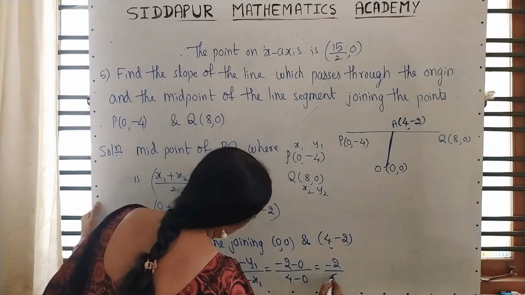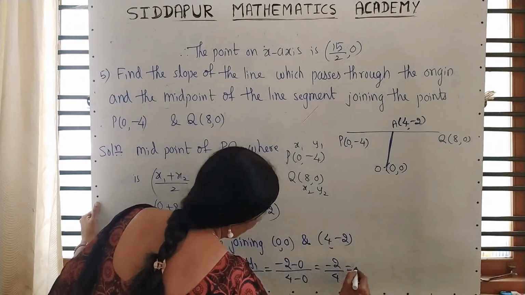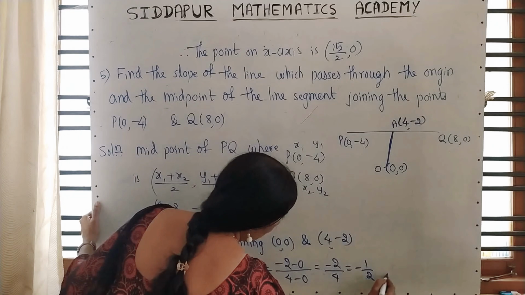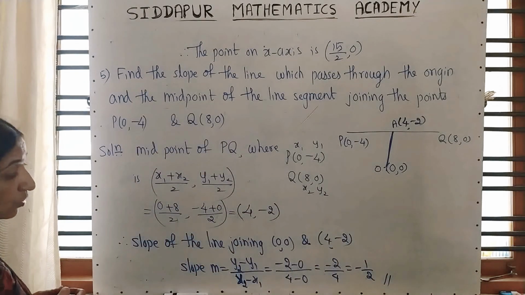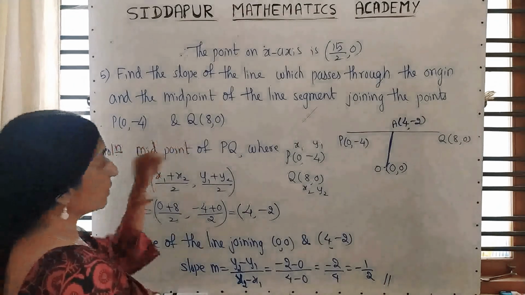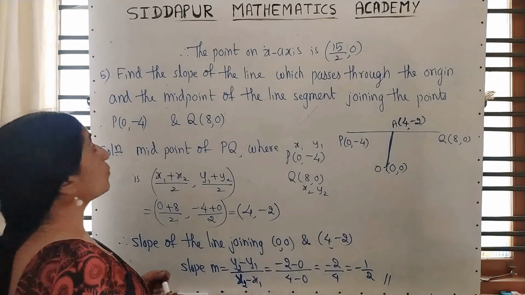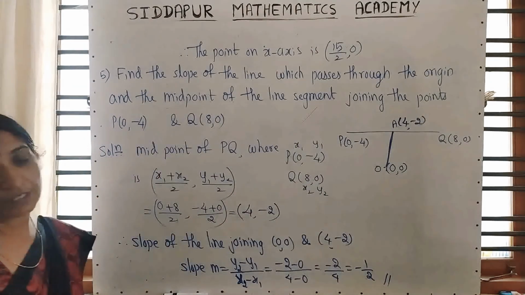That is -2 upon 4, that is -1 by 2. This is the slope of the line passing through the origin and midpoint of these 2 points. Moving to the next question, that is question number 6.